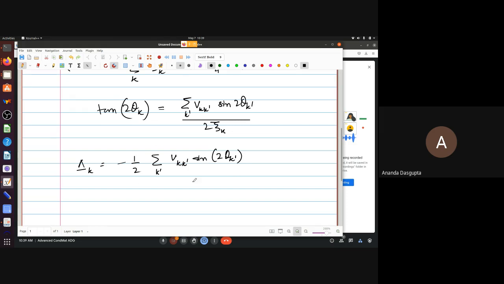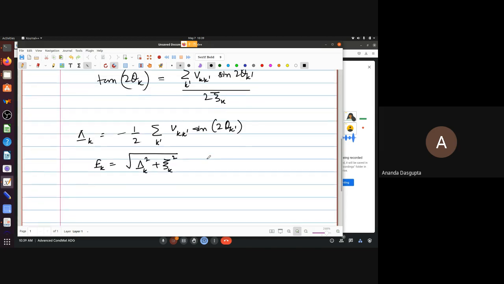Okay, so this is basically our starting point, and we also defined the energy Ek. I'm essentially following Tinkham's notation here. Ek is the square root of delta k square plus xi k square. And with that, what we end up with is the following. All these equations that we have written down, the first one becomes tan of 2 theta k.